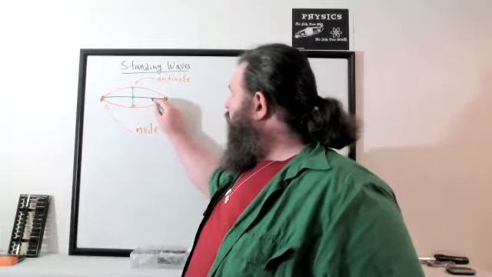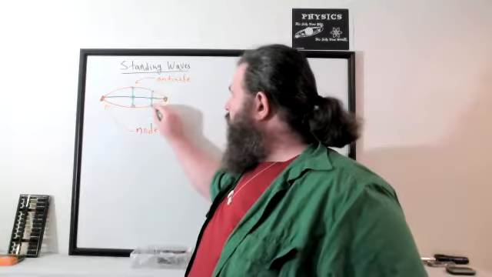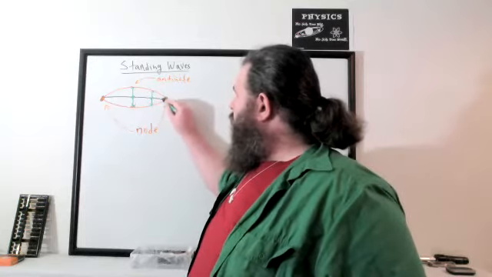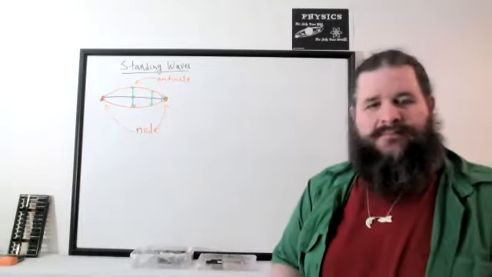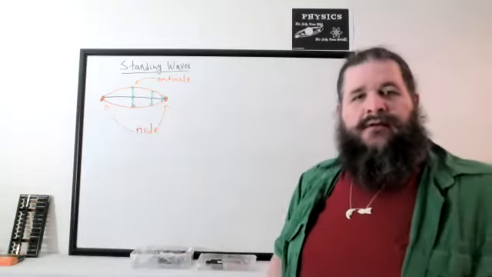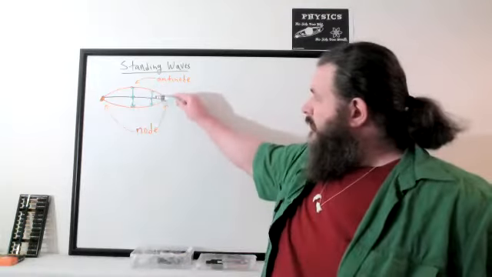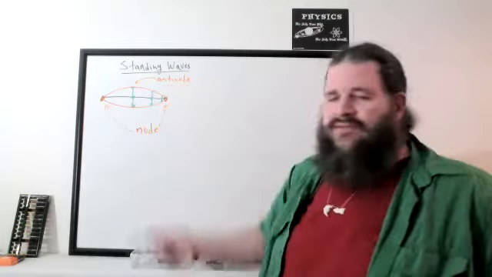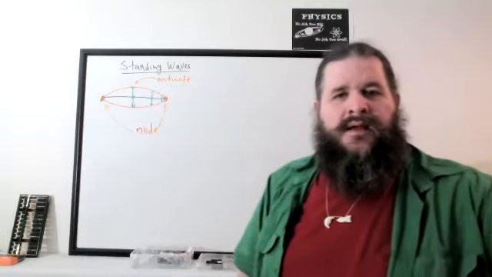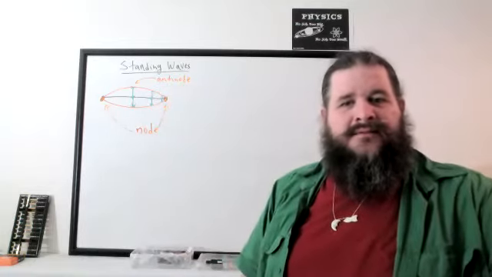This point on the string is oscillating with a smaller amplitude. This point is only oscillating a little bit, and of course the end point is not oscillating at all. So that's what this sort of diagram is supposed to represent. The top and bottom curves represent the highest and lowest each individual piece of string goes. Any questions on that so far?